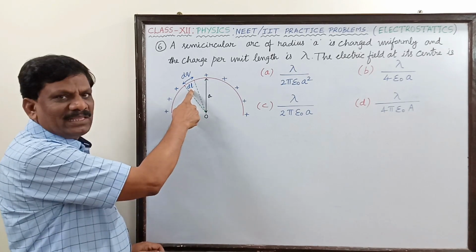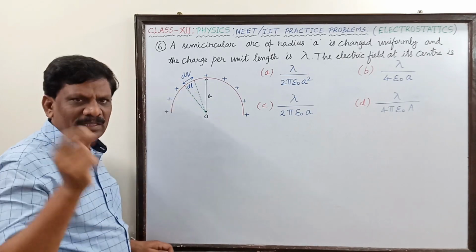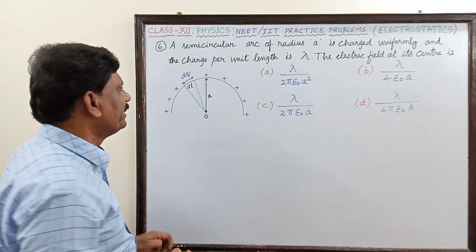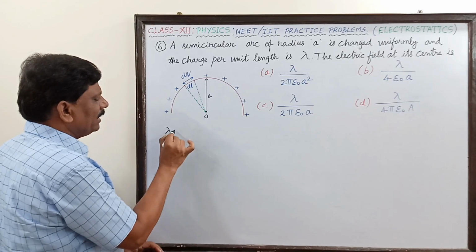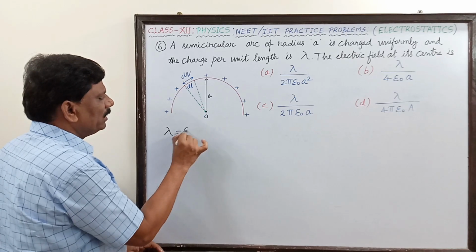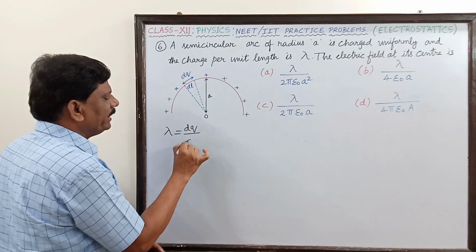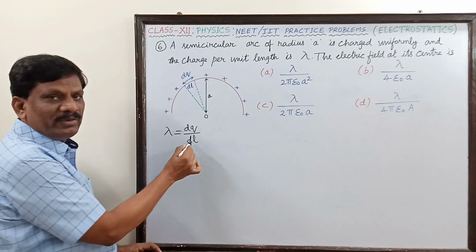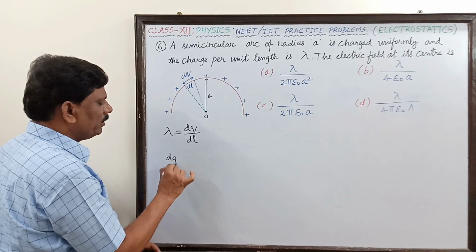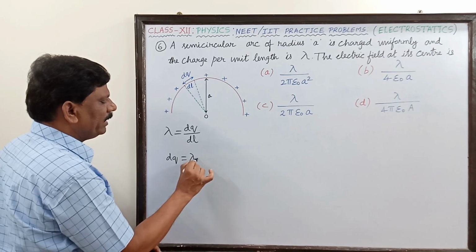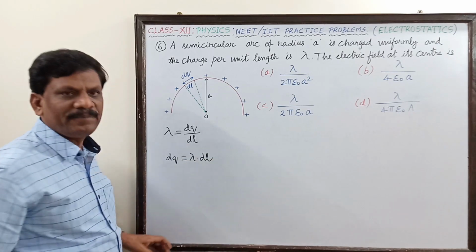Let dl be the length of the element and dq be the fractional charge in that element. So I can write lambda is equal to dq divided by dl, charge per unit length. So dq is now equal to lambda into dl.